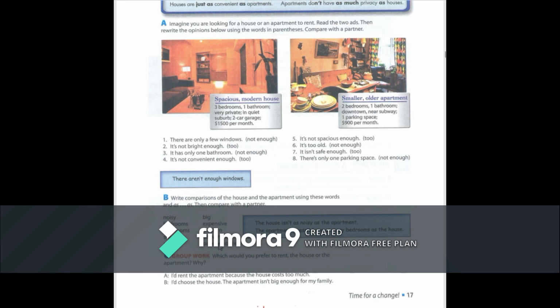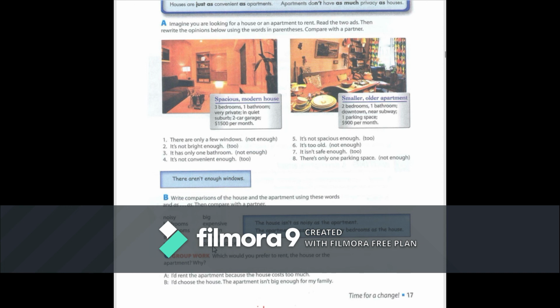But if I'm talking about parking itself, without the spaces, it's uncountable. So I say much. If I say parking only, I say the apartment doesn't have as much parking as the house. When I said only parking, I said as much because parking is uncountable. But if I say parking spaces, I say many because it's countable.